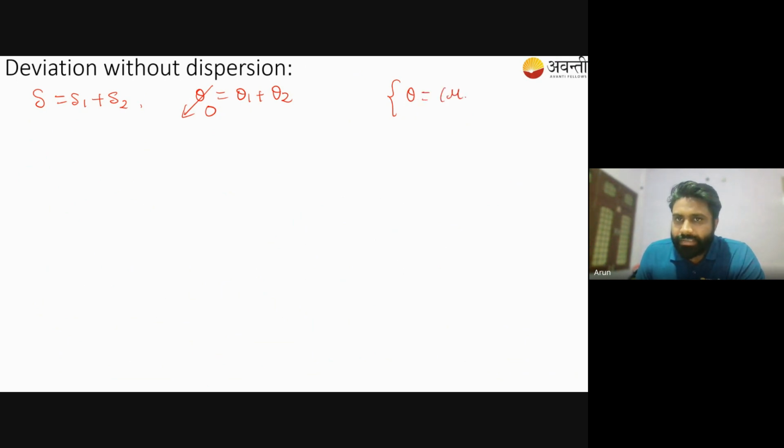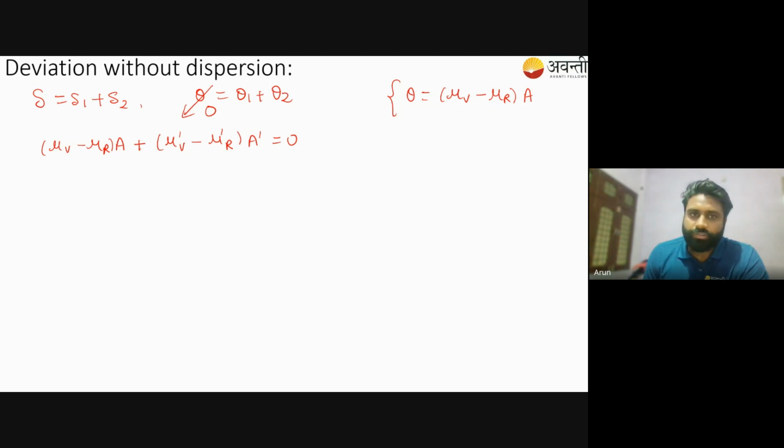It is the difference of refractive index of violet minus refractive index for red multiplied with the angle of prism. Put this value. So for theta 1, it is mu v minus mu r into a, plus for theta 2, it is mu v minus mu r, and you put the dash over it.